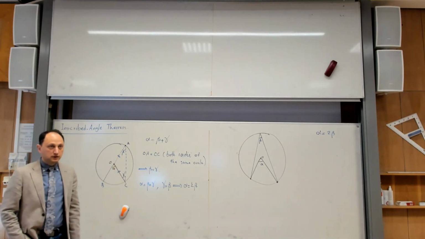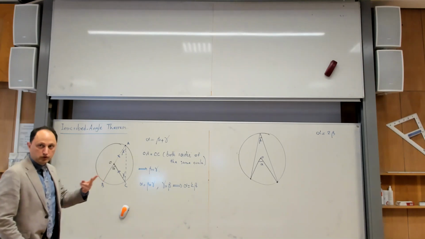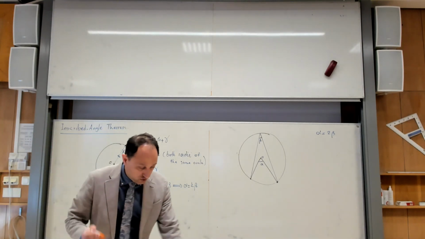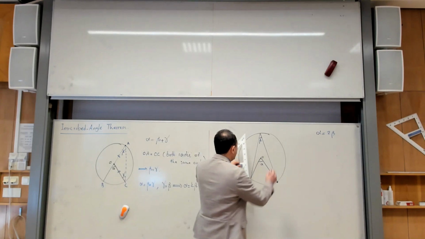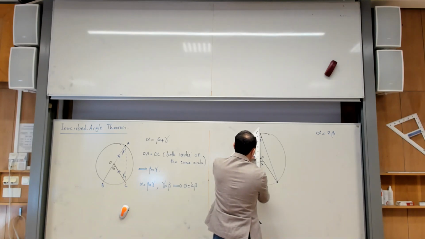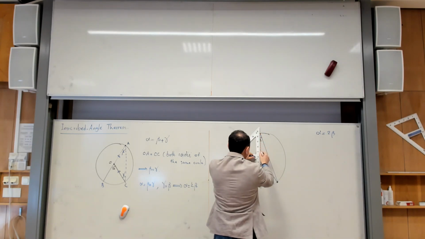Draw a diameter that has to beta. Yes, exactly, and use this theorem in this way 2 times. So let me just change my color. I will take this point, whatever it is, and I connect it to O and then continue it so that I will have another intersection point on the other side.